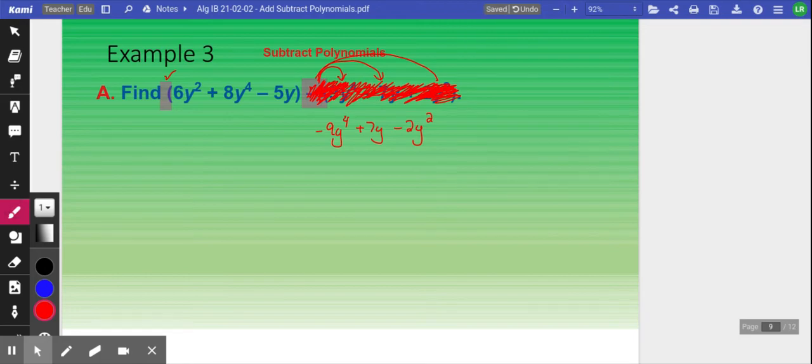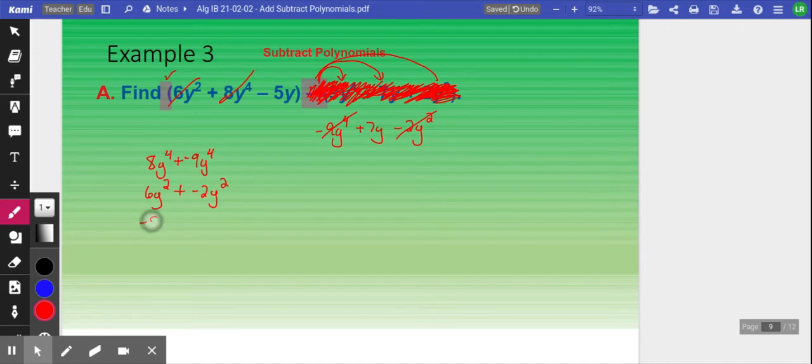Now, let's combine like terms. The biggest exponent here is the y to the fourth. So 8y to the fourth gets added to -9y to the fourth. So those are done. The y squareds: 6y squared gets added to -2y squared.